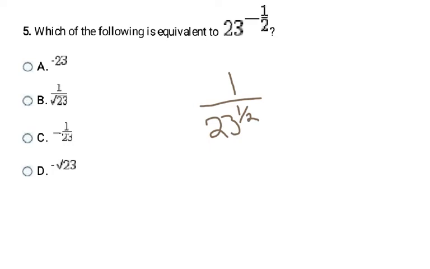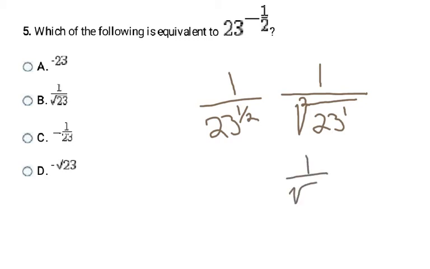So that means the denominator is a 2, so I'm going to have an index of 2, and then my numerator is a 1, so I'm going to have an exponent of 1 underneath. 23 to the first power is just 23, and then also it's assumed to be a square root when you don't write anything there. So that's going to make my final answer B.